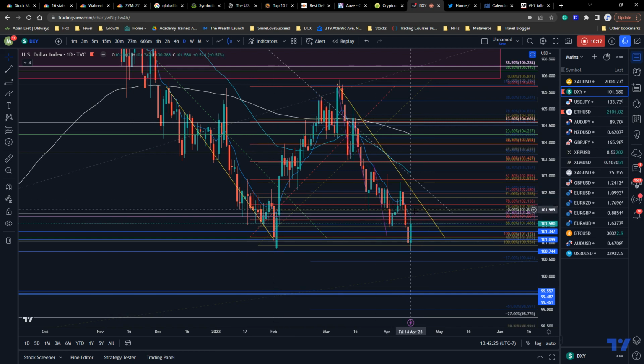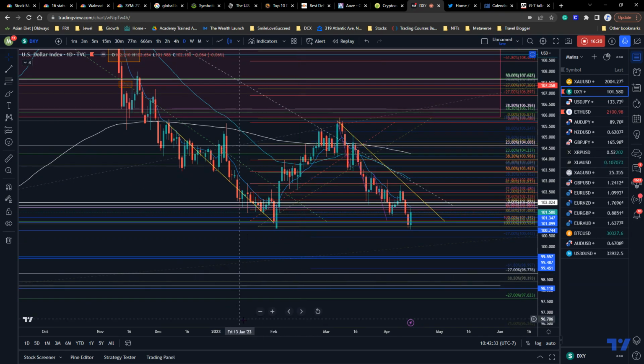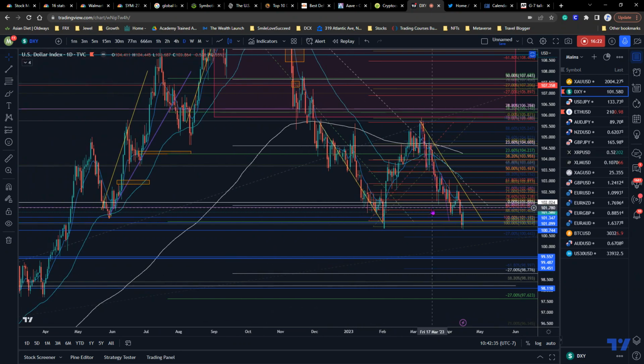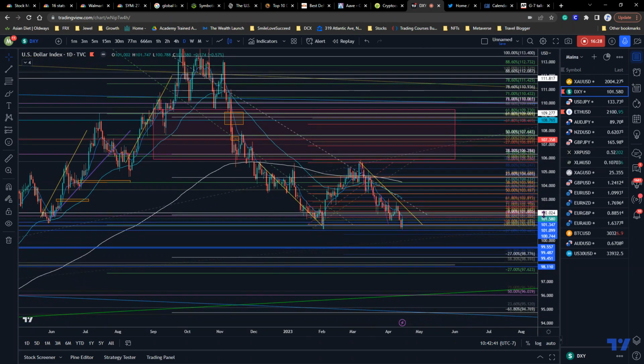Are we just going to magnet like this for a little bit, or are we going to bust all the way back through some of these points as we're seeing returned bullish momentum? Now, this is on the daily. So a correction is needed, but overall, this is a downtrend, okay?